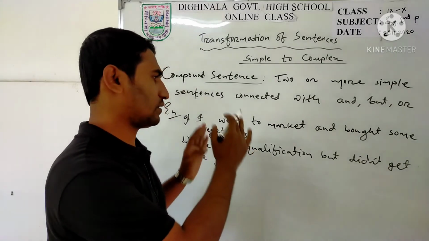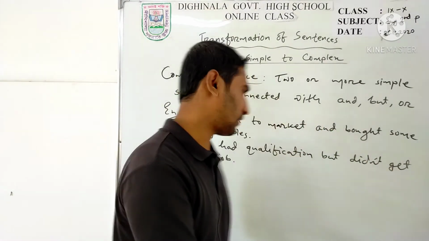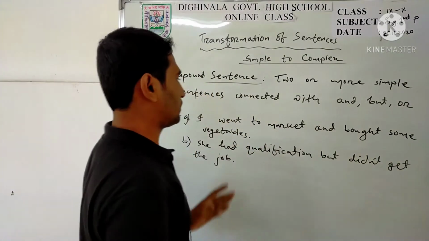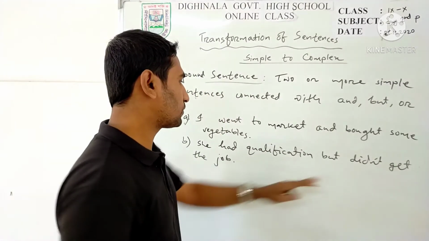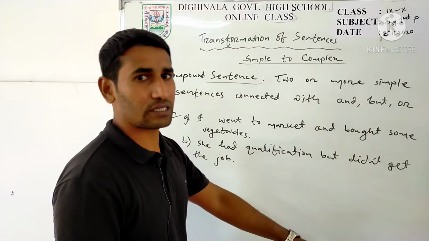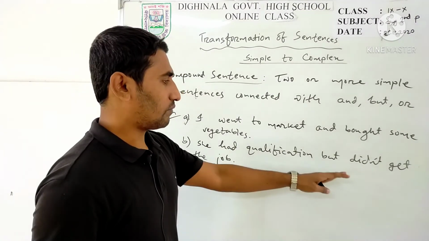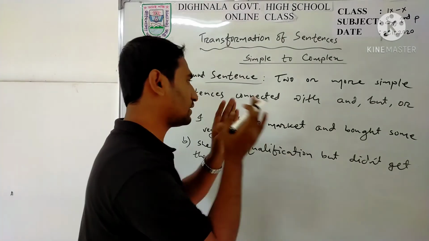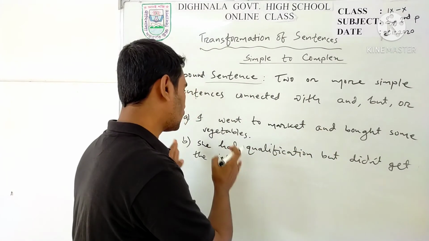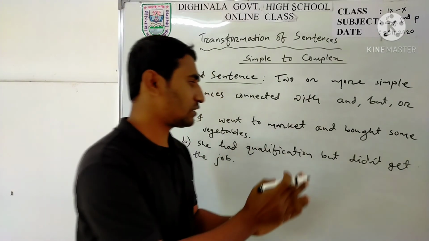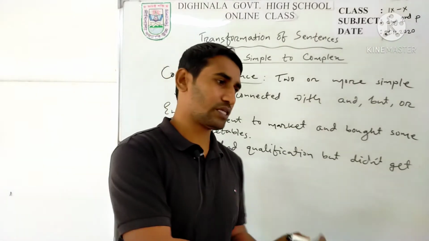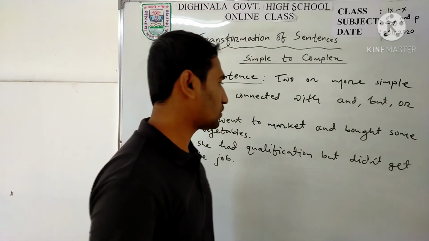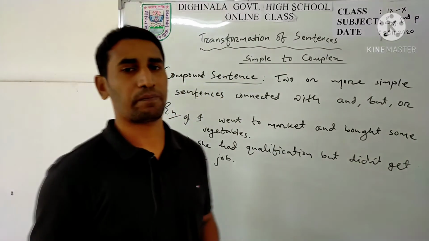These two simple sentences have opposite meanings, so to make a single compound sentence you have to add but, a coordinating conjunction. As they have different meaning, you have to add but in the place of and. She had qualification, tar jogyota chilo, but she didn't get the job, kintu she chakrita payni. So it should be: she had qualification but didn't get the job.